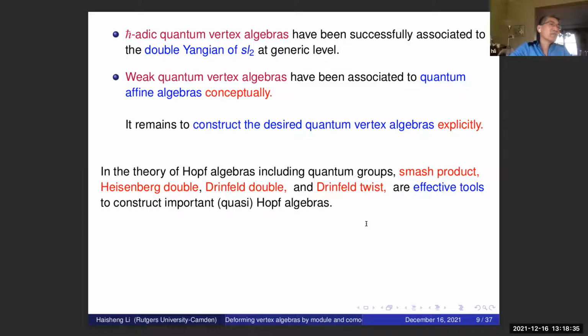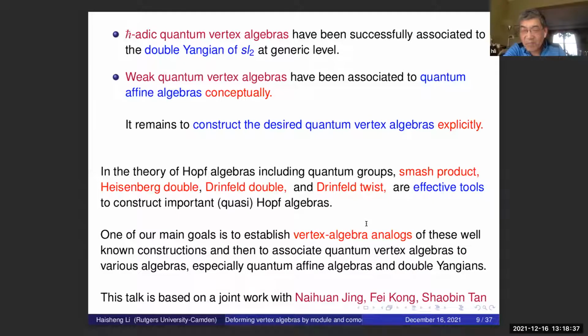So that's the thing. So then naturally we think, okay, maybe this is something we can do to develop certain vertex analogs of those classical things. Then we can use them to construct a desired quantum vertex algebra. So that's the idea. Okay.